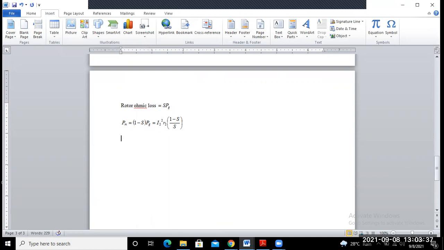Now we can find out the value of the electromagnetic torque developed in the rotor, that is T equal to Pm by omega r.